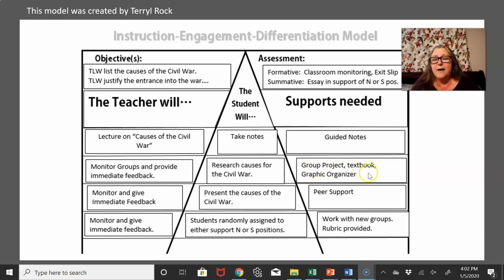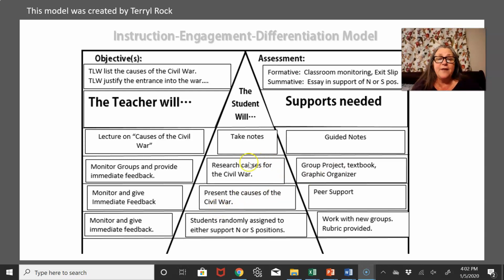The support the students would be getting is that they're working in a group, so they have each other for support. They can maybe use their textbook, their notes. There might be a graphic organizer that you might provide to give them guidance on this.